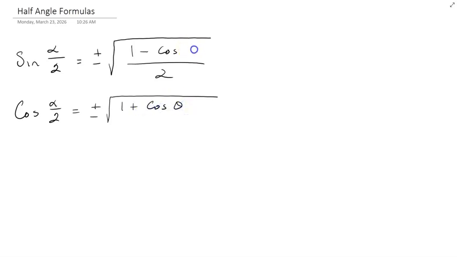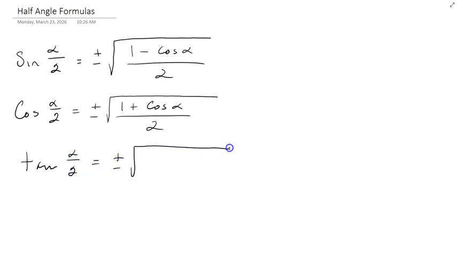I apologize, for some reason I'm writing theta when I started with alpha over 2. And just like before, tan is a combination of sine over cosine. So it makes sense that the tan is 1 minus cosine over 1 plus cosine of alpha.